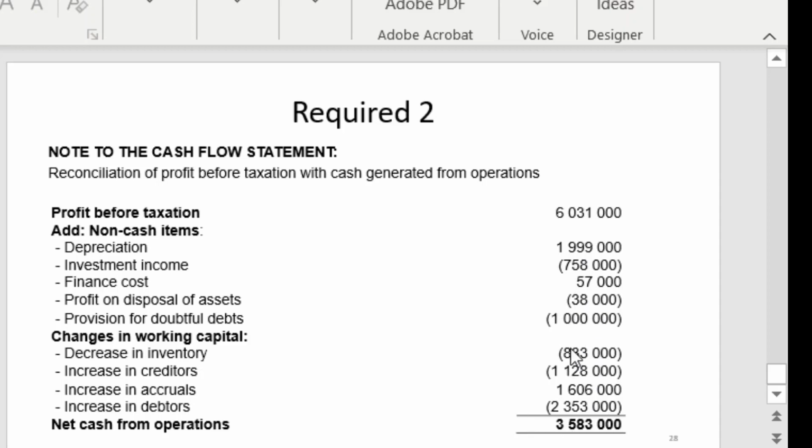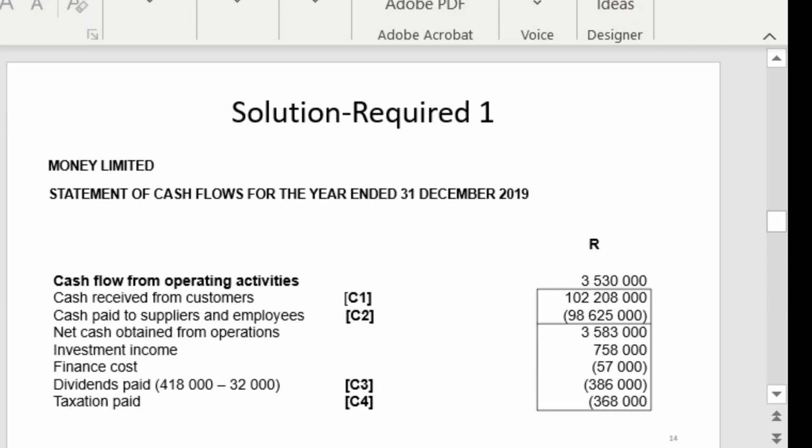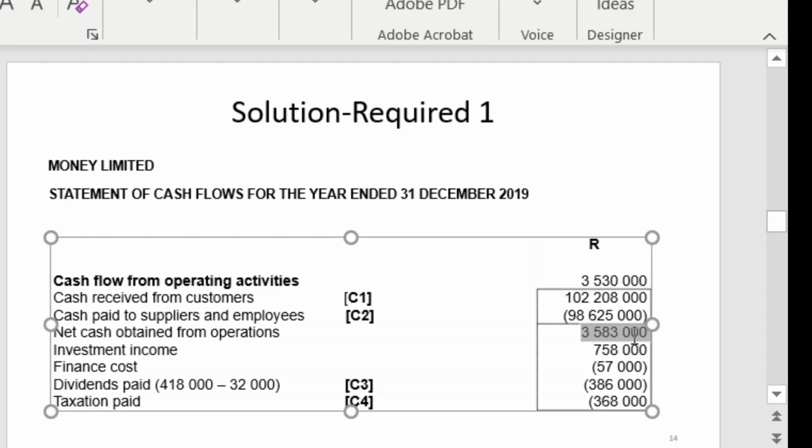Then this must take us to the cash from operation. The amount disclosed here should be the same as the amount back here. We are reconciling this amount. This will conclude this session.